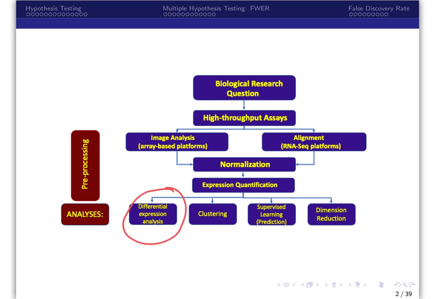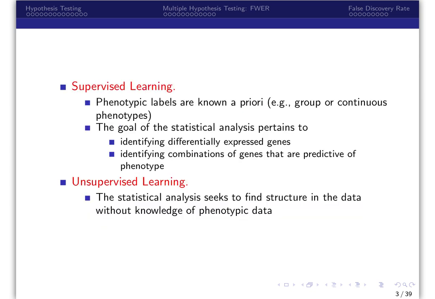We will now focus on the task of differential gene expression analysis, a commonly planned analysis for high-throughput gene expression data. There are two large taxonomies describing analyses of high-throughput genomic data, which are referred to as supervised learning and unsupervised learning.